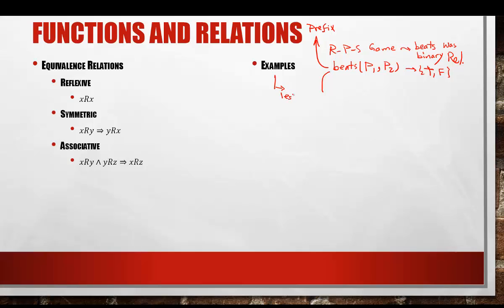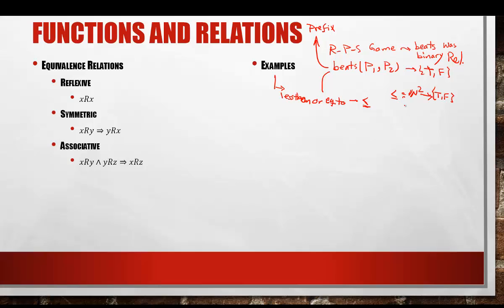Let's say less than or equal to. Let's represent this relation with the symbol less than or equal to. So I say that the relation less than or equal to is a relation from N squared onto true, false.